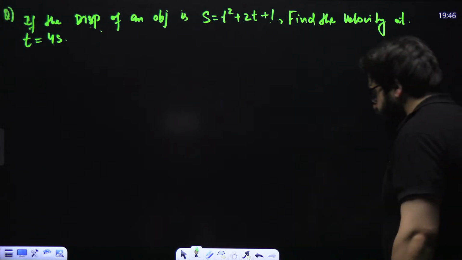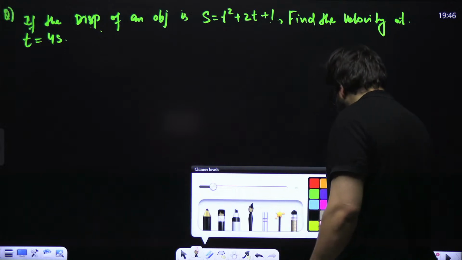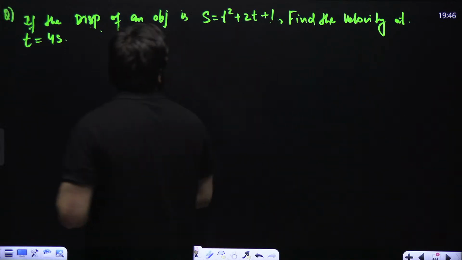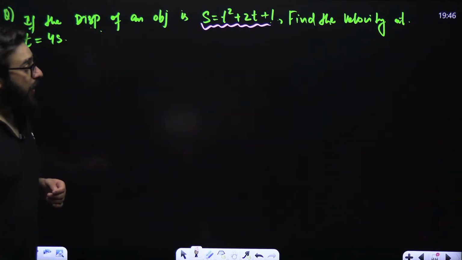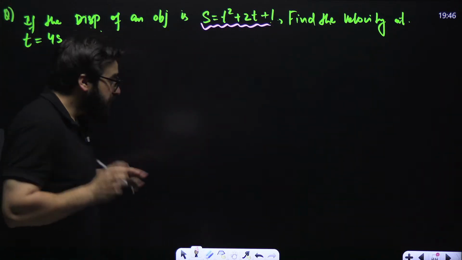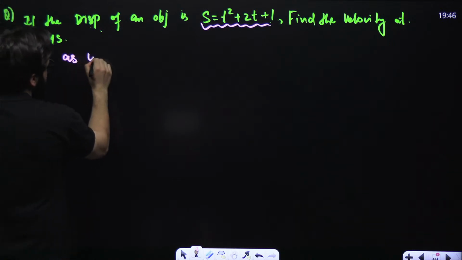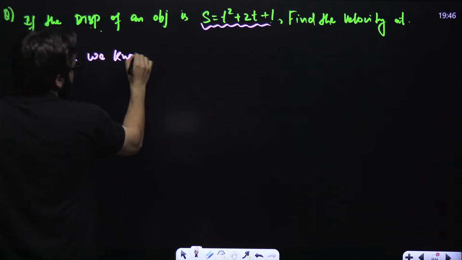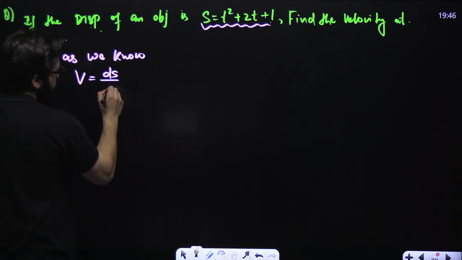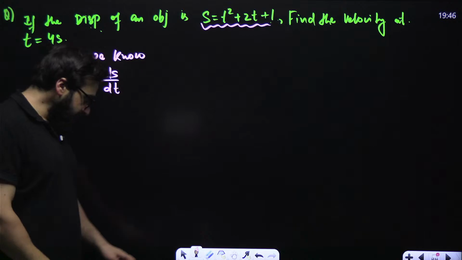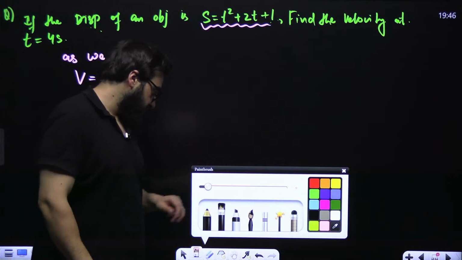Tell me guys. See, in this particular question, displacement of an object is given and we are supposed to find the velocity. As we know, velocity is simply ds divided by dt, that is differentiation of displacement.